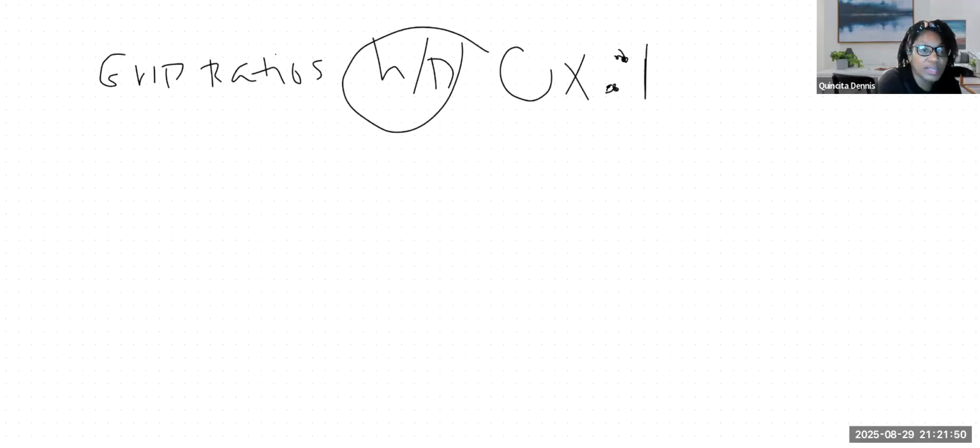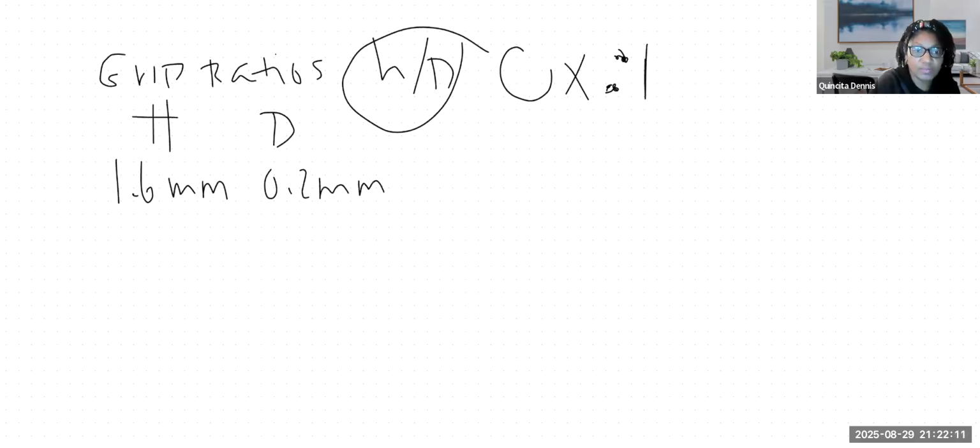So the first one is 1.6, and the distance is 0.2 millimeters. All right, what is that grid ratio?